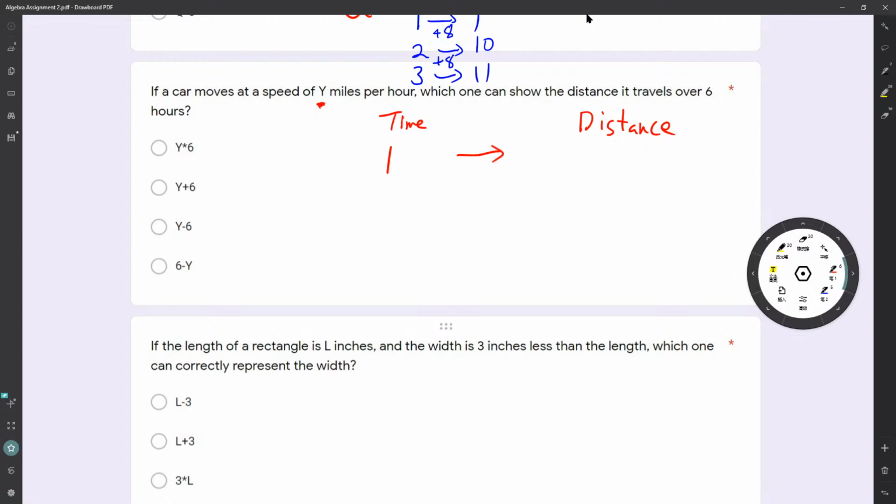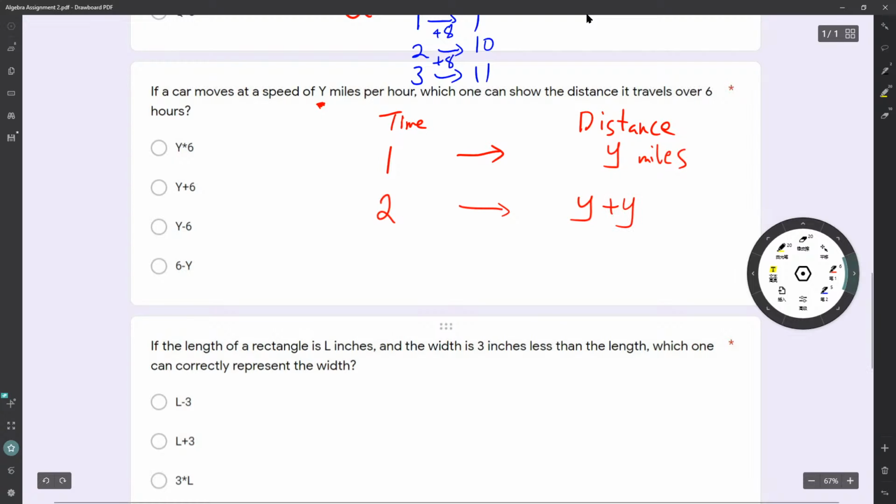Therefore, for 1 hour, the distance will be y miles, because the speed is y miles per hour, y miles over 1 hour. Then what happens with 2 hours? Based on the first hour, y miles, he should have another y miles, right?